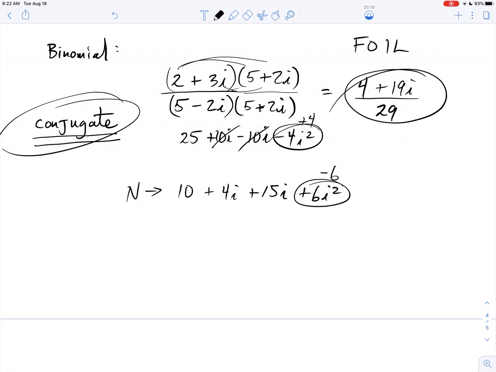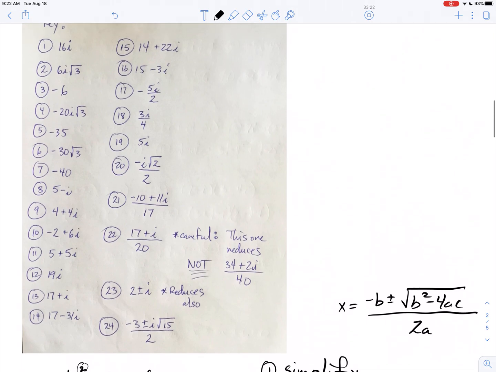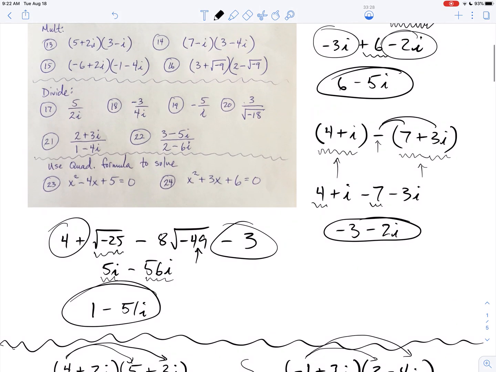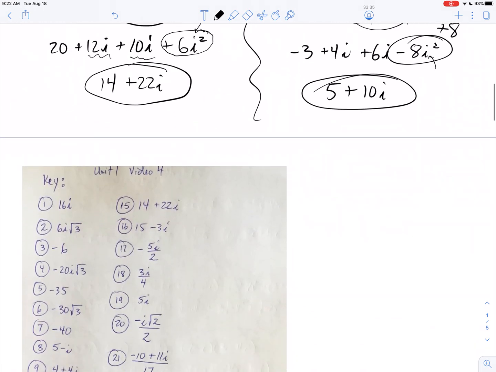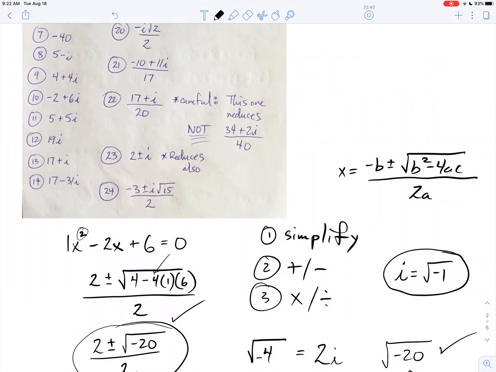So take a look. I'm going to scroll up real fast and then scroll back down. In the division section of this practice sheet, I made up 2 problems, because once you get the idea, you got the idea. Number 21 and number 22, there you will find, here, look at 22. There's my answer. This is what you're going to get when you do 22, if you do it correctly.